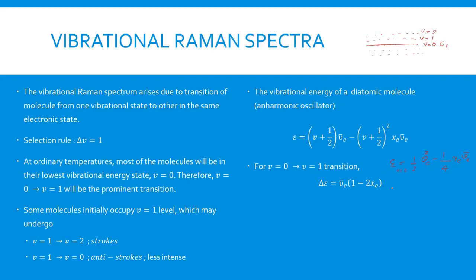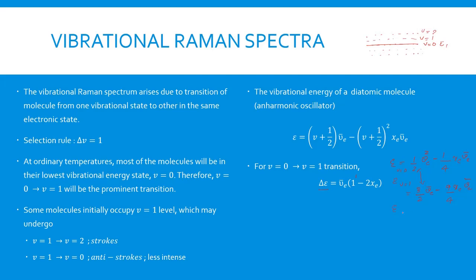For V equal to 1, the energy will be 3 by 2 ν̄e minus 9 by 4 xe ν̄e, since what we have here is 3 by 2, whose square is 9 by 4.